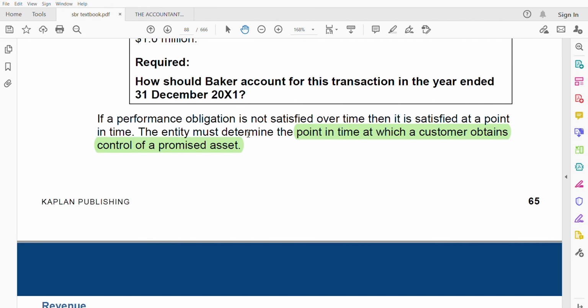At a point in time is much simpler, right? We know that control is passed to the customer, so revenue is recognized. But the problem comes when it's over a period of time. That's why we went through over a period of time. There are so many things. We have to determine when it is over time. We also have to see how we are going to measure the progress. But when it comes to a point in time, things are much simpler.